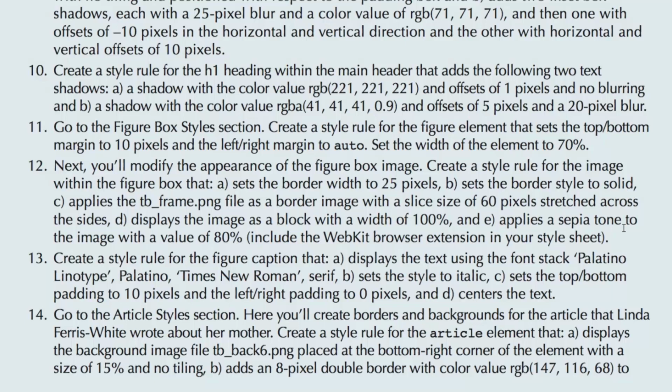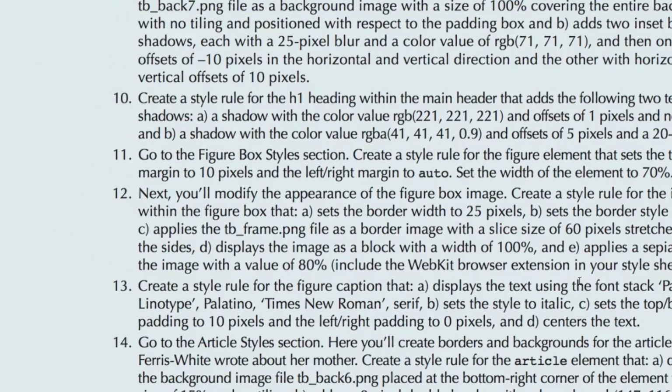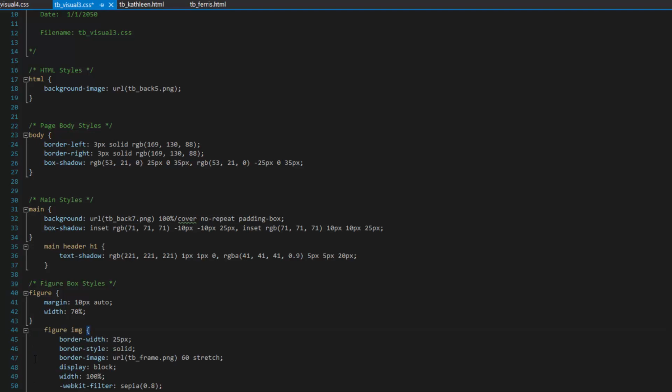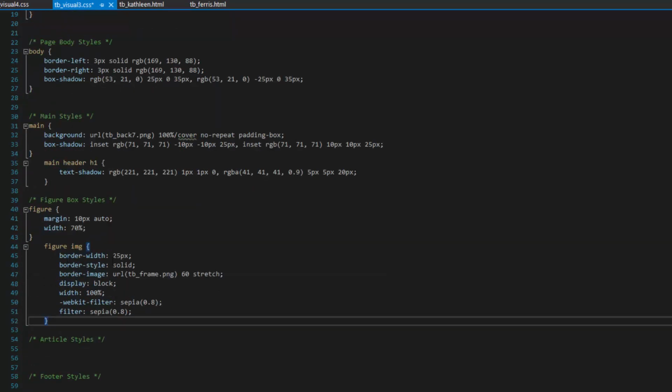We'll also apply a sepia tone to the image with a value of 80%, and then use the vendor-specific extension for WebKit. So this is going to be the image within the figure, so we use figure space image as the selector there. We're setting the border width to 25 pixels.